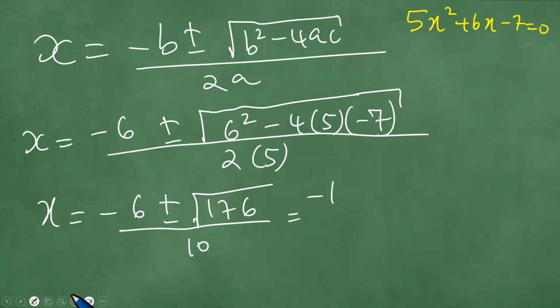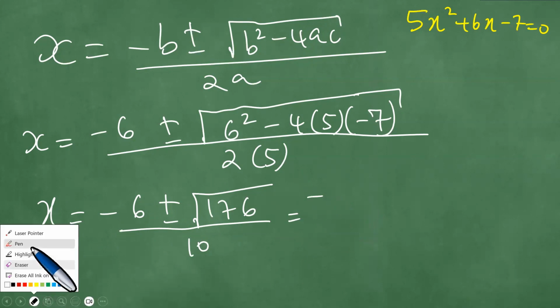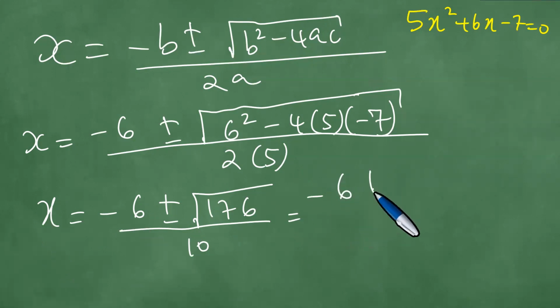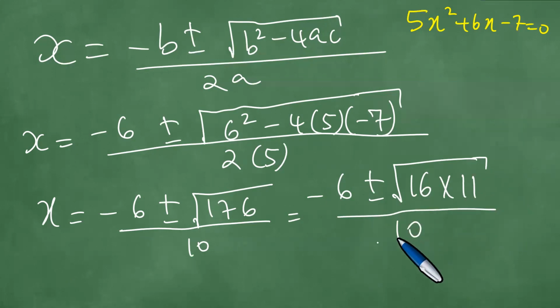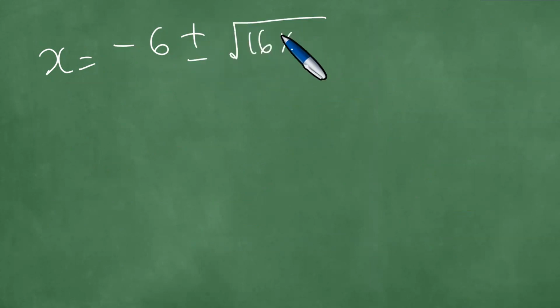If you know that 176 is 16 by 11, fine, but if you can't realize that, you can just write it as 176 and use a calculator. In which case we got minus 6 plus or minus the square root of 16 by 11, divided by 10.